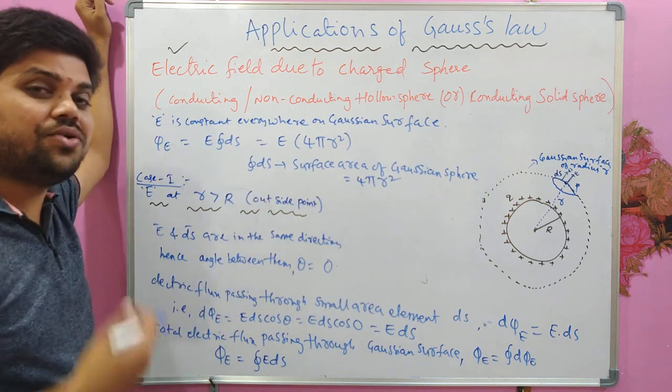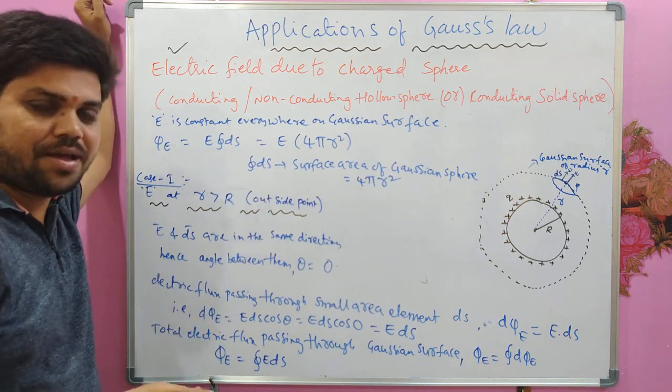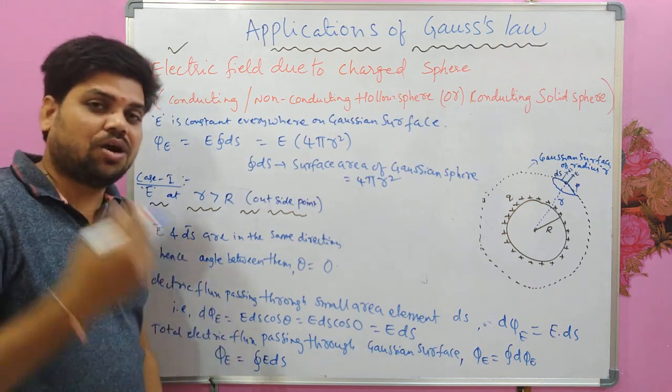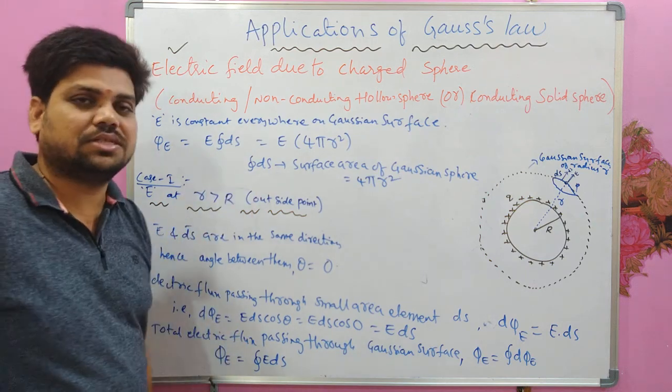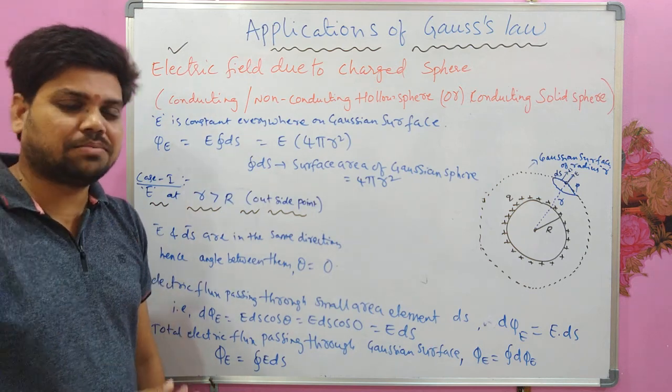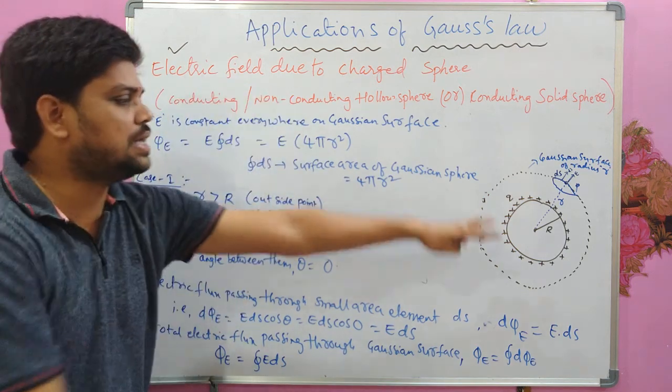But we know that according to Gauss law, the total electric flux passing through a closed surface, or Gaussian surface, is equal to 1 by epsilon naught times the charge enclosed by that surface.